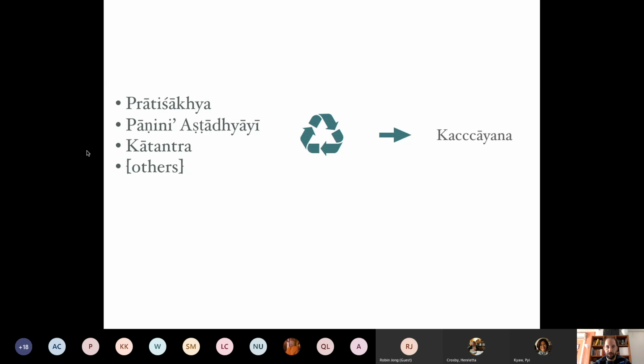As you can see, this symbol of recycling is intended as a representation of the fact that the Kaccāyana in some ways takes the DNA material from the older grammars, but it's rearranged, recomposed in such a way that instead of explaining how Sanskrit works, obviously the Kaccāyana explains how Pali works. So although the DNA is practically the same, the final organism that we have is not so similar.